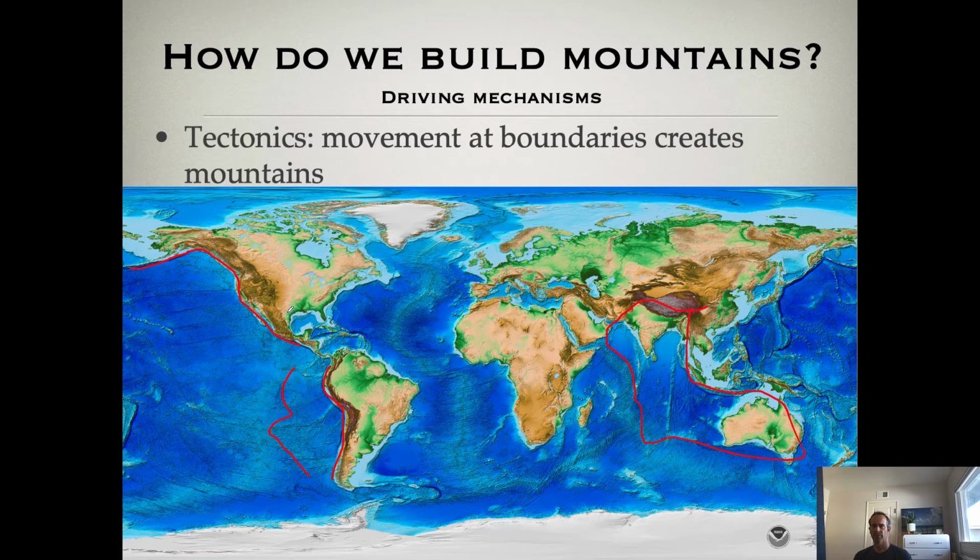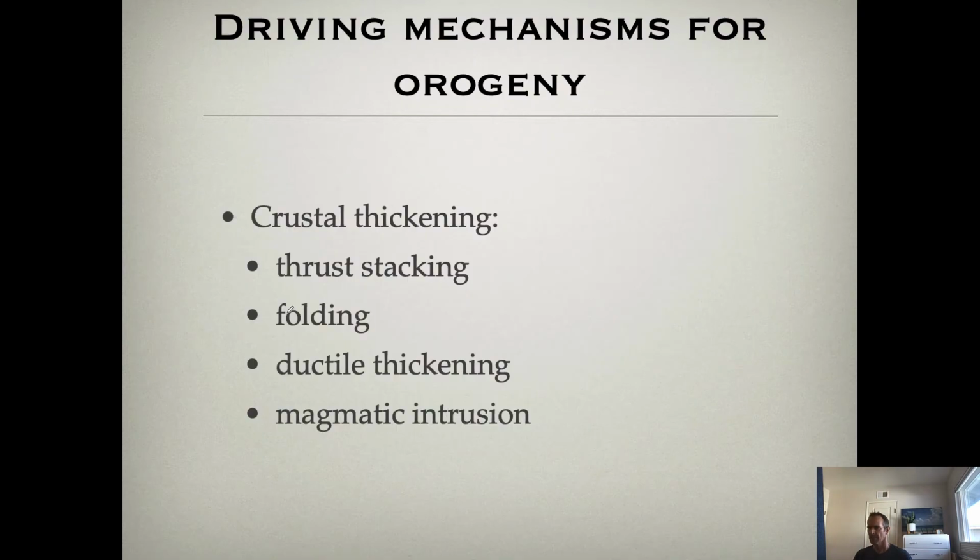Most of these mountain ranges are forming at plate boundaries, right? Due to shortening and uplift. So how does that crust actually get raised? The only way that you can get crust to rise up, where you can create mountains, is if you somehow thicken the crust.